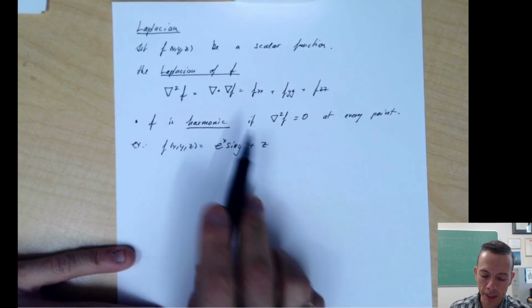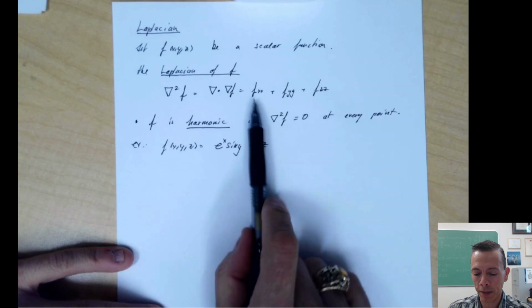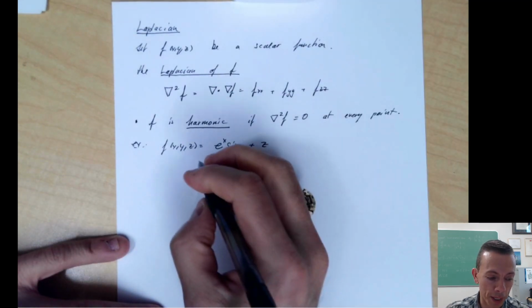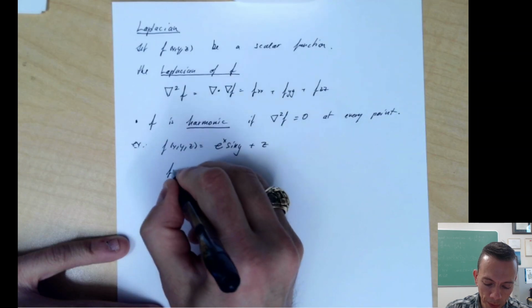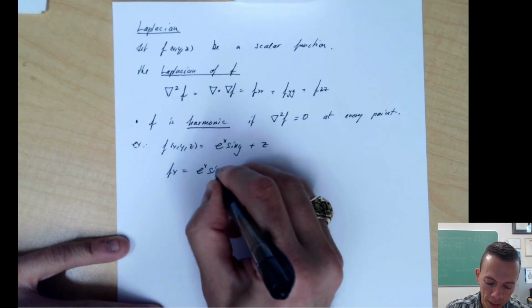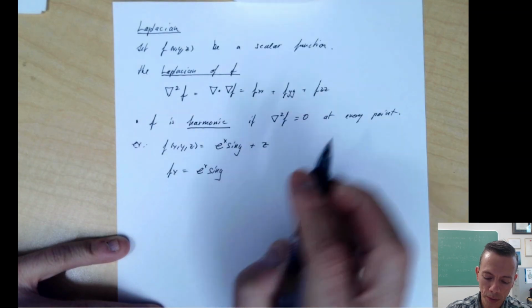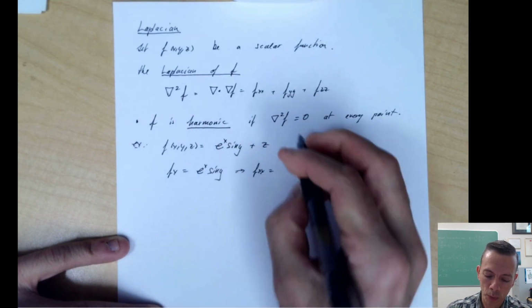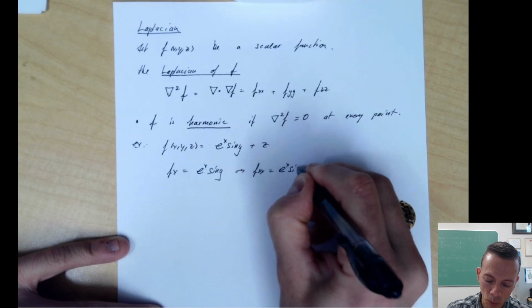So let's calculate its Laplacian. For that, we need to calculate the second partial derivatives with respect to x, y, and z. So we'll do this one by one. F of x is e to the x sine y plus 0. If we do the derivative again, we get another e to the x sine y.